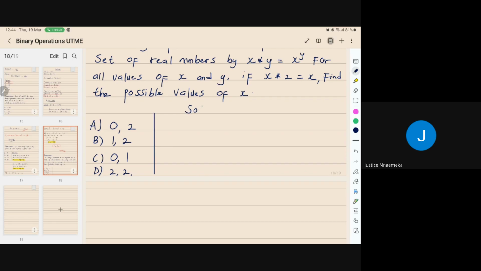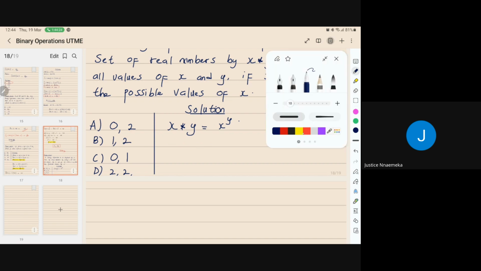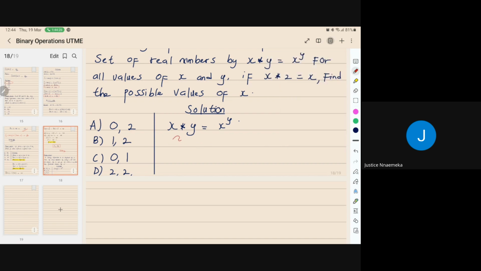So, solution. Yeah, the first thing we're going to do is to plug in. Since they said that x asterisk y is equal to x to the power y, now x asterisk 2 will be equal to, let me use a red biro to demarcate, x to the power 2.